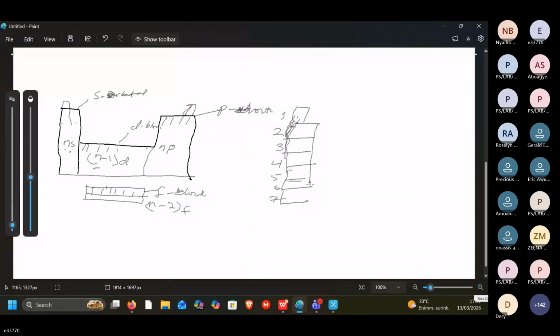Okay. The same way, the p orbitals are also going to bring the same 7 energy levels, including helium. So that's helium.